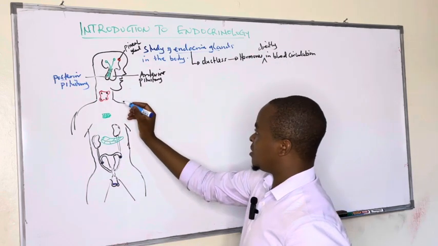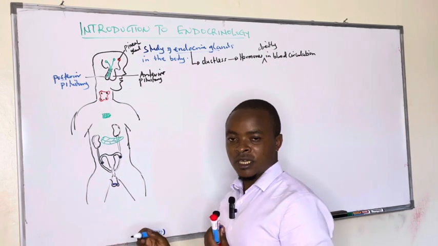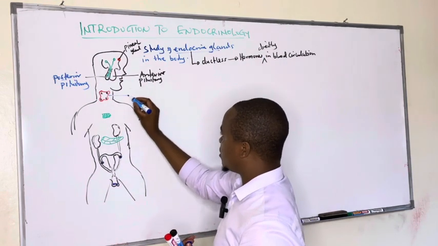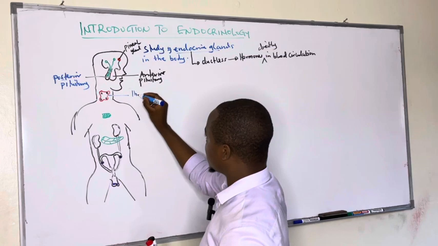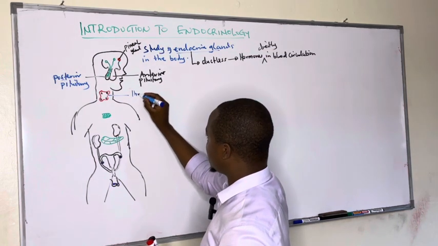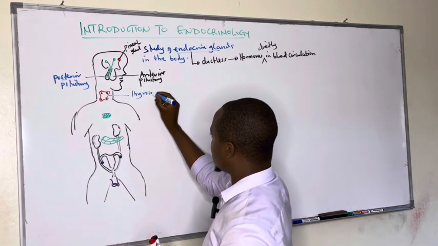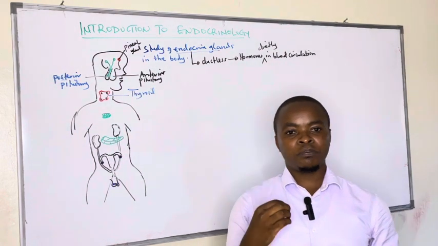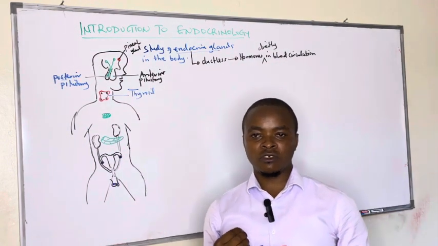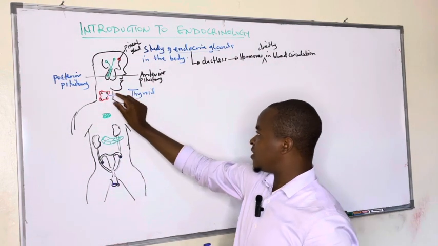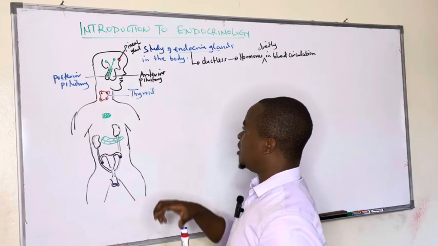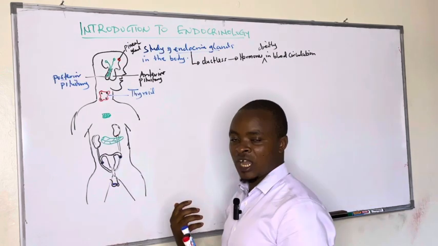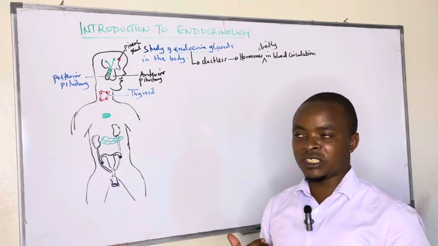From there we see in the neck region the thyroid, which is butterfly shaped. We have the thyroid gland, and this thyroid gland is found in the neck region posterior to the oesophagus, and it is butterfly shaped. Behind it we have what we call parathyroid glands.